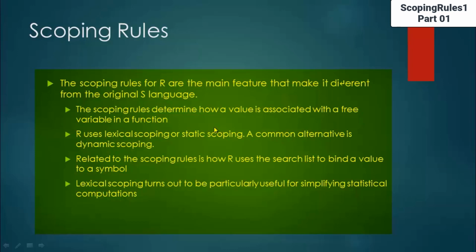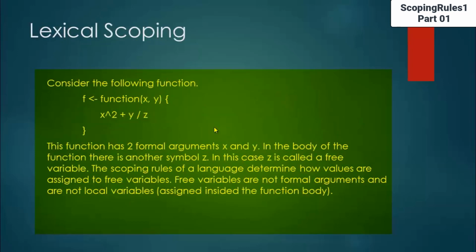Say you have a function called f with arguments x, y, which computes x squared plus y divided by z. Notice that z is not in the argument list. This function has two formal arguments, x and y.